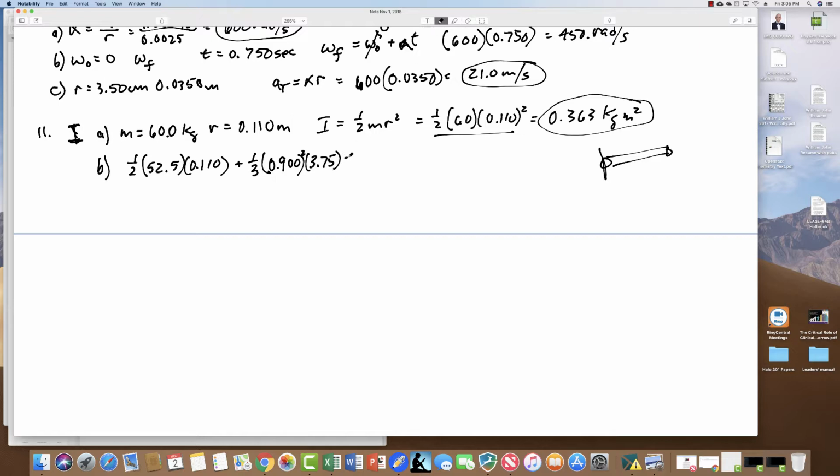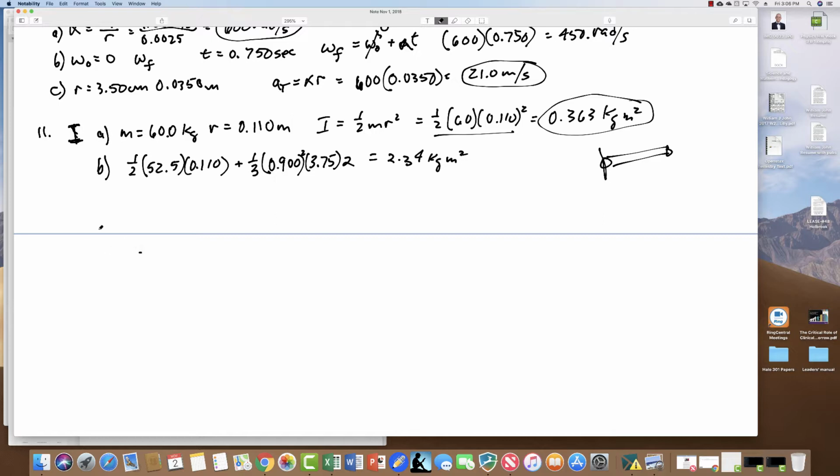And you have 2 arms, and if you do this math, you get 2.34 kilogram meter squared, which is why, well, I don't want to confuse the situation, so I won't say what I was going to say about the change in angular velocity when a person pulls their arms in when they're doing a rotation as a skater.